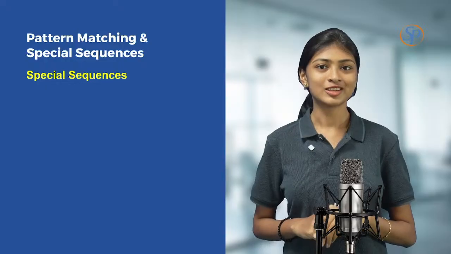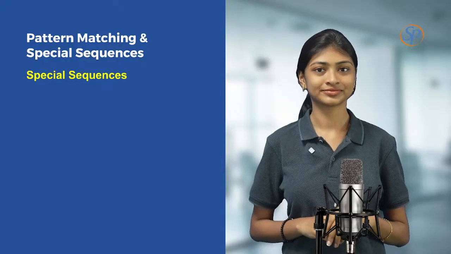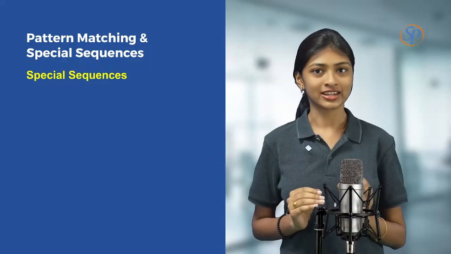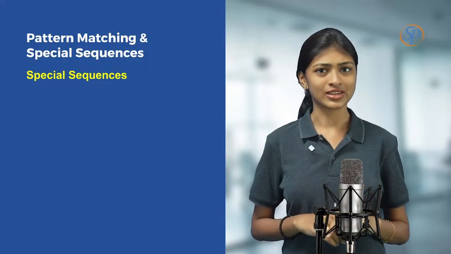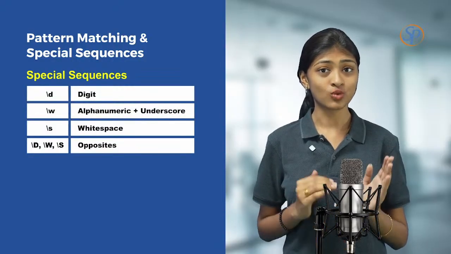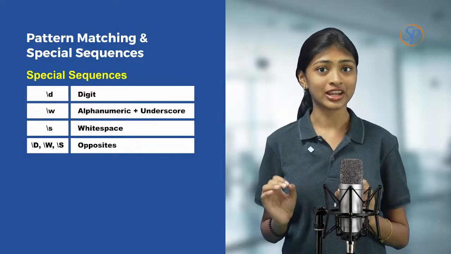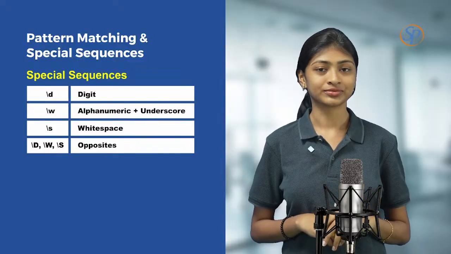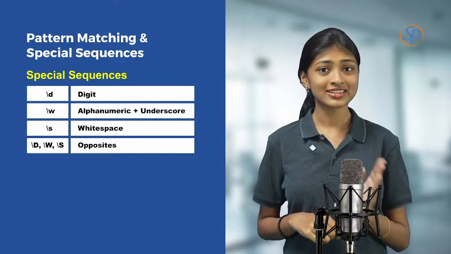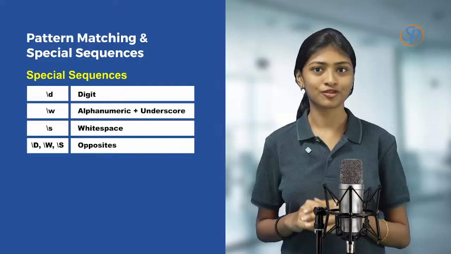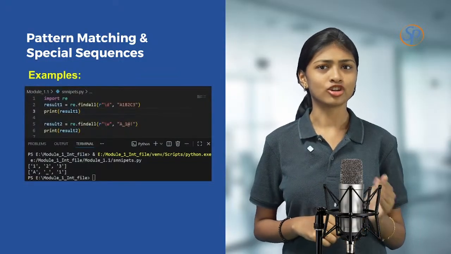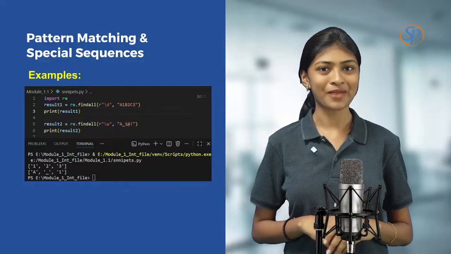Pattern matching and special sequences. Regex provides shortcuts for common categories of characters. Special sequences: \d indicates digits, \w indicates alphanumeric plus underscore, and \s for whitespace. \D, \W and \S are the opposites. We'll take re.findall to find all these in a pattern.